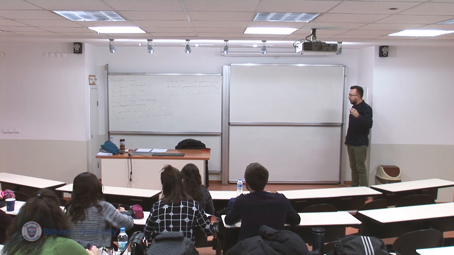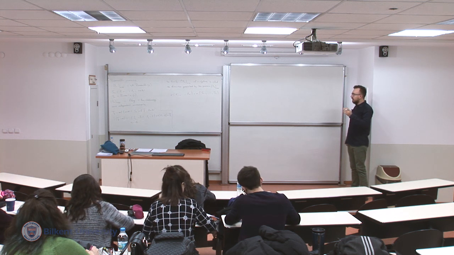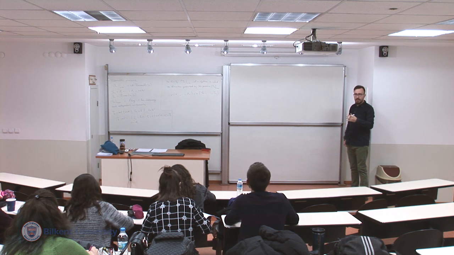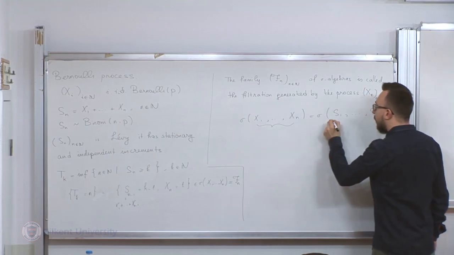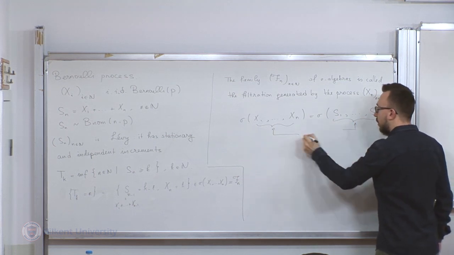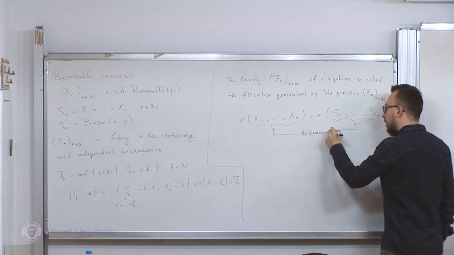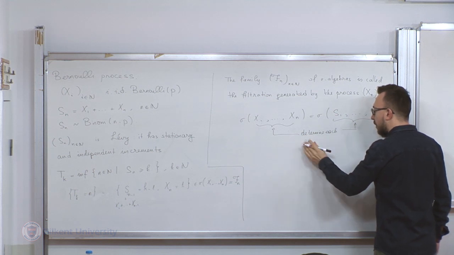And if I give you S1 to Sn, then you can tell me X1 to Xn, because X1 is S1, X2 is S2 minus S1, X3 is S3 minus S2, etc. So these two vectors determine each other. Therefore, they generate the same sigma algebra, the same information.